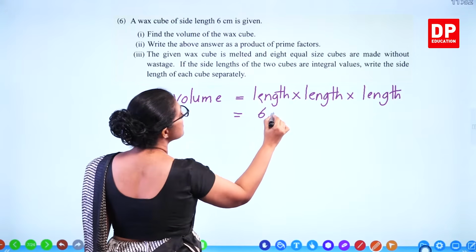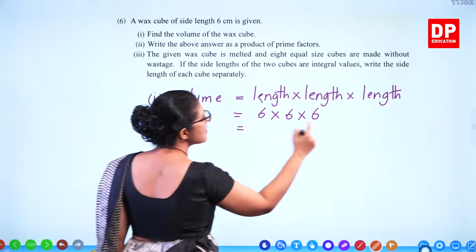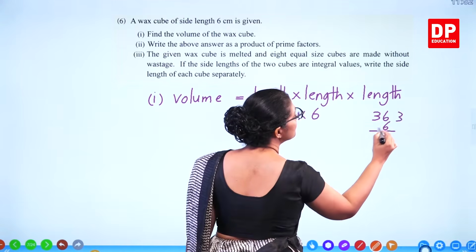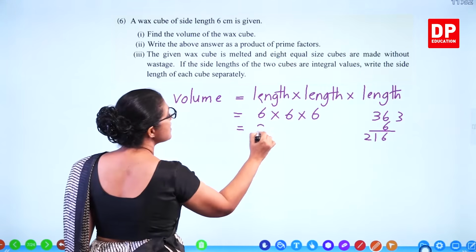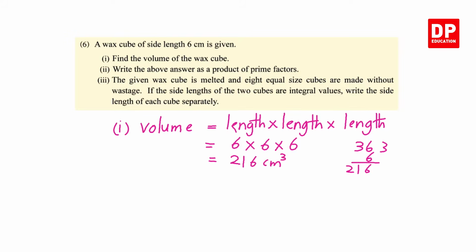Length is 6. 6 into 6 into 6. 36 times 6. 216 cubic centimeters.